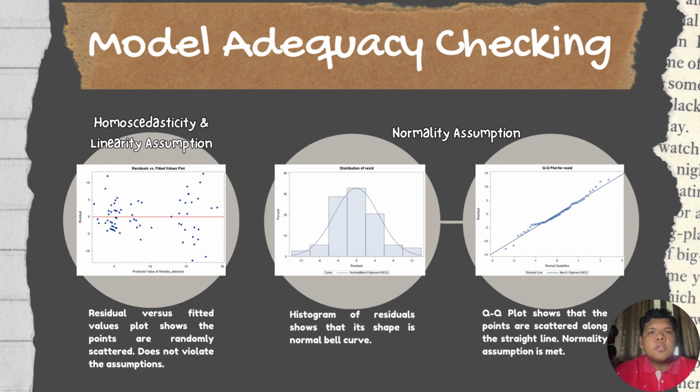The second assumption is normality. The first one is the histogram of residuals, which shows that the distribution follows a normal bell curve. For the second one, the QQ plot, it shows that the points are scattered along the straight line. Hence, the normality assumption is met.